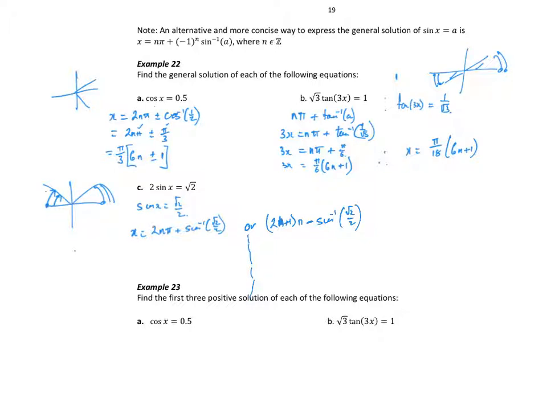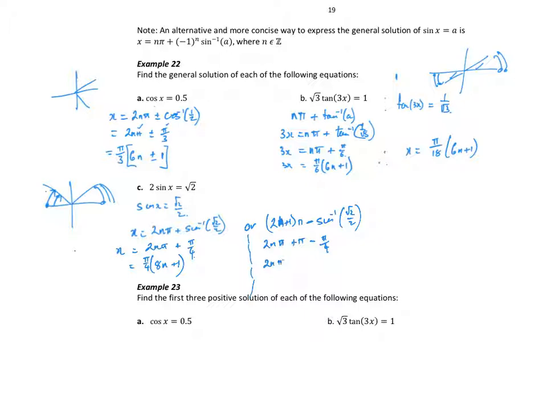So if we work on both separately, 2n pi plus, well, sine inverse of that is pi on 4. Again, I can take pi on 4 out the front. That gives me an 8n plus 1. If I expand this, it's easiest if I expand that bracket first, minus sine inverse of root 2 on 2, which is pi on 4.